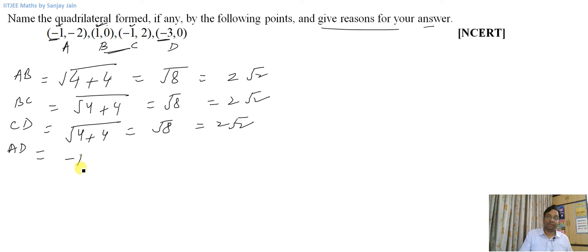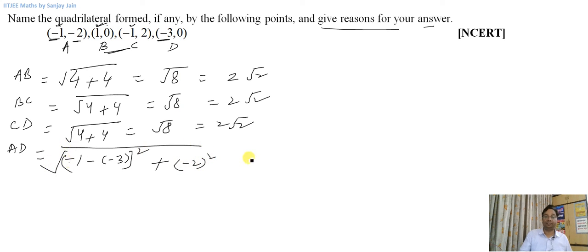What I'm saying here is minus 1 minus of minus 3 and then I'll square it, right? So it will be minus 1 plus 3 which is 2, squared will give me 4. And then I'll add minus 2 minus 0. So again it is minus 2 squared, right? This is 2 squared is 4 and then minus 2 squared is again 4. 4 plus 4 is 8 which is 2 root 2.